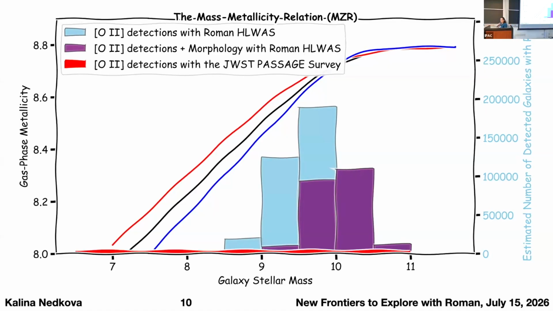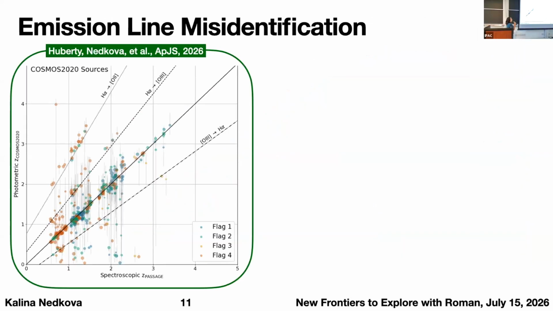And here is the entire PASSAGE sample, okay? So this is going to be an entirely new regime where we're going to have so much data. And so I hope that we're all really excited to get our hands on Roman spectroscopy.